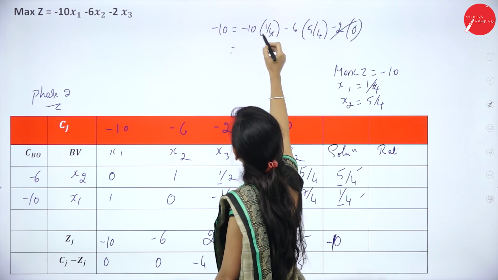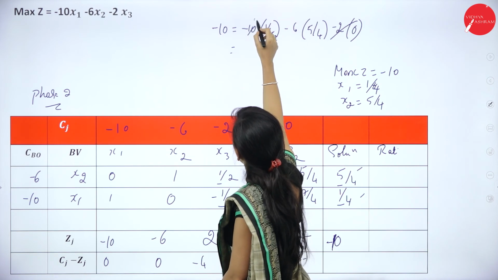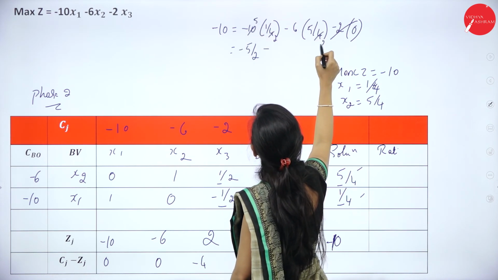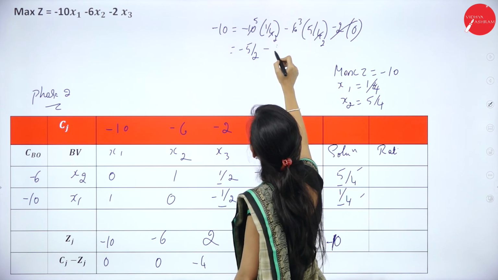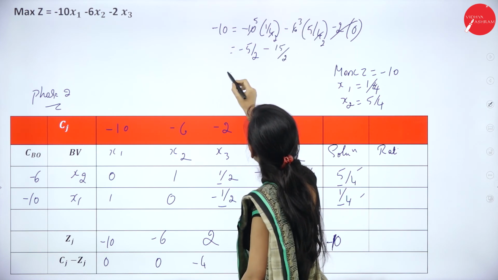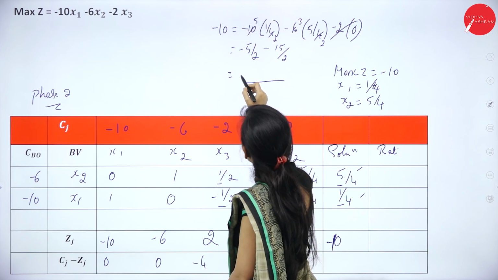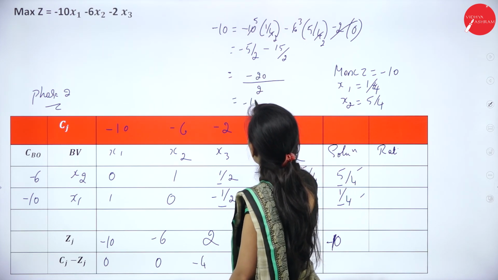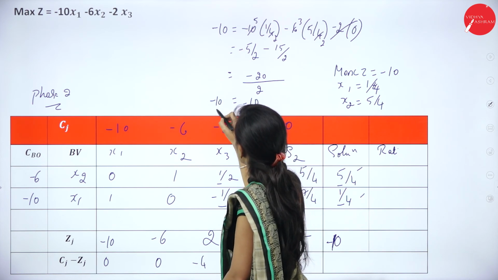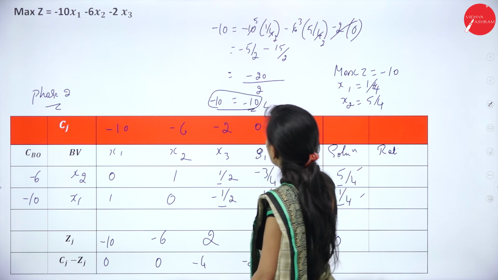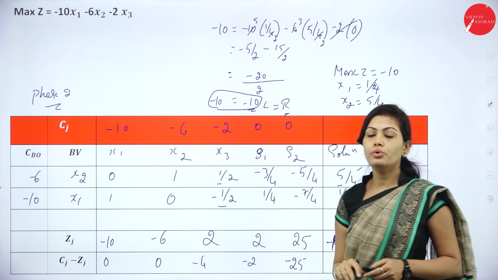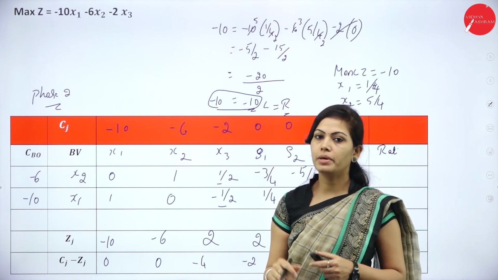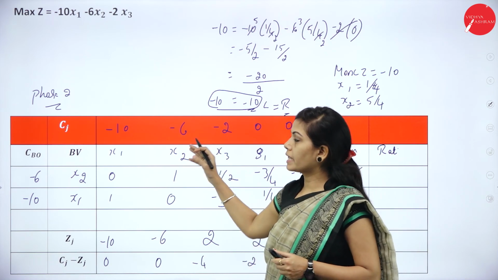Minus 5 by 2 minus 15 by 2, 2 is the LCM, so it is minus 20 by 2, it is minus 10. So minus 10 is equal to minus 10, LHS is equal to RHS. So it satisfies the optimal condition. The optimality condition is satisfied in the second phase.